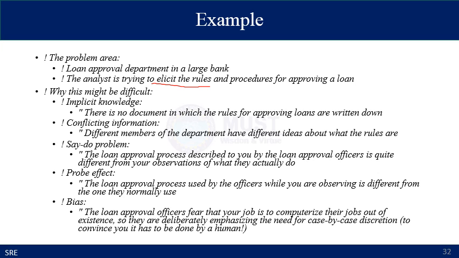And there you can also observe some bias, as some loan approval officers fear that your job is to computerize their jobs out of existence. So they are deliberately emphasizing the need for case-by-case discretion to convince you that it has to be done by humans.